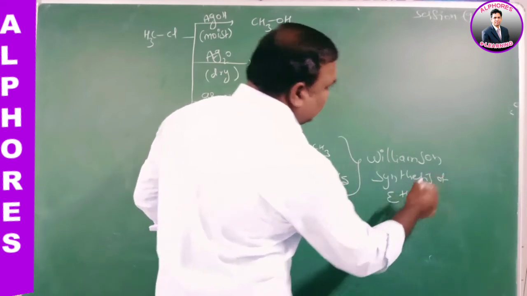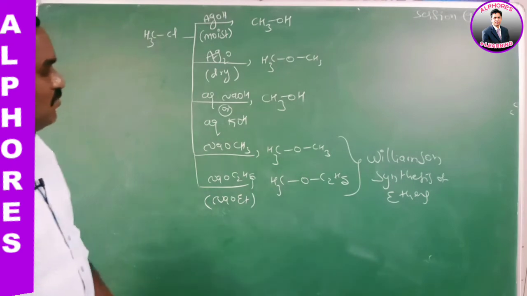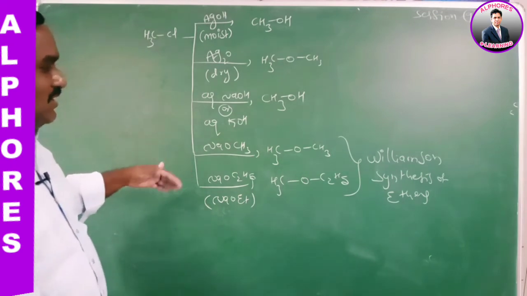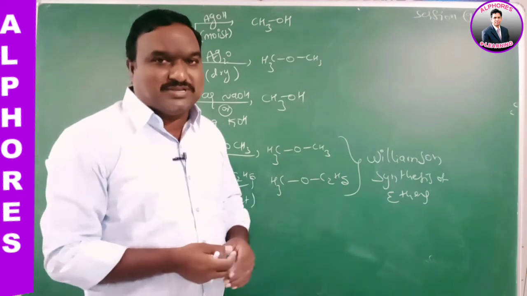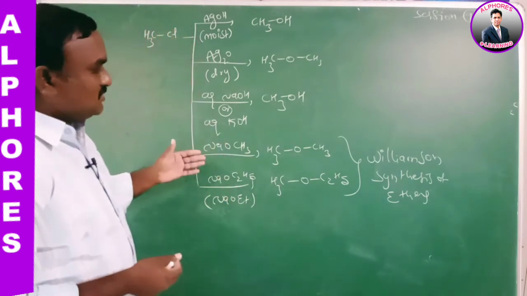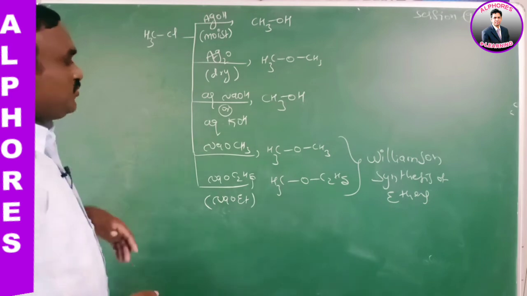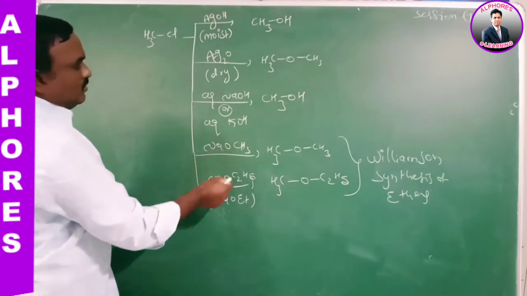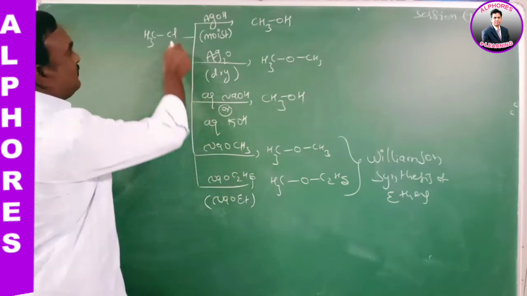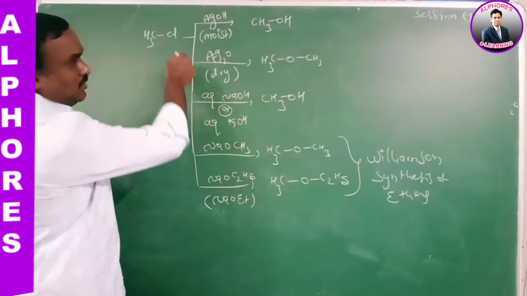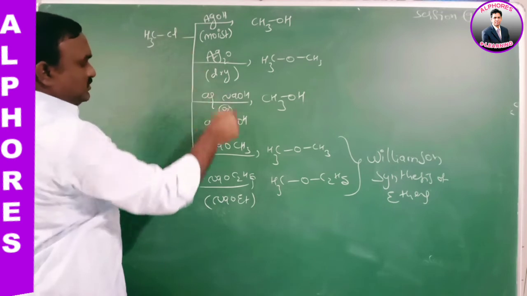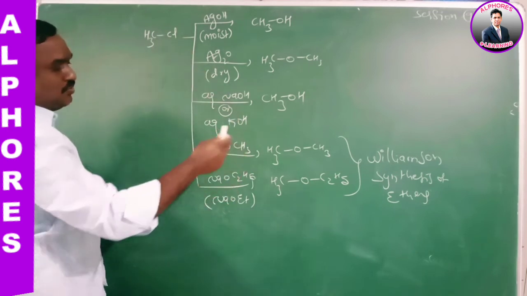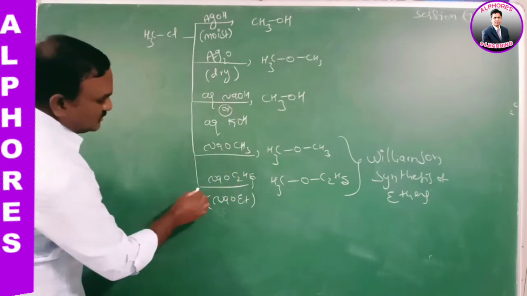We will discuss these reactions again in the ethers chapter, on the preparation of ethers, so we will discuss that concept deeply later. But what type of reaction is it? A nucleophilic substitution reaction. The leaving group is substituted by the incoming nucleophile. So the final product is the Williamson synthesis product.